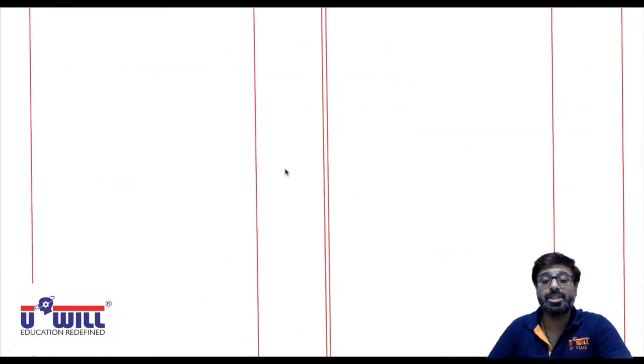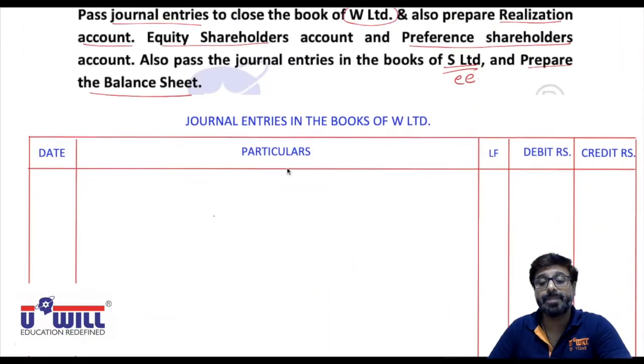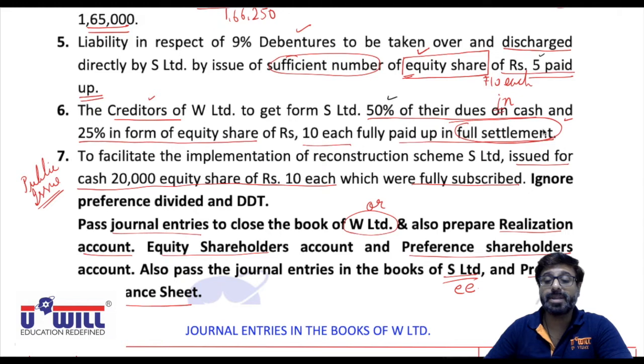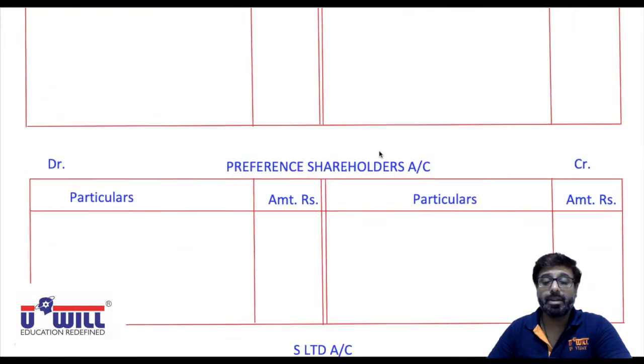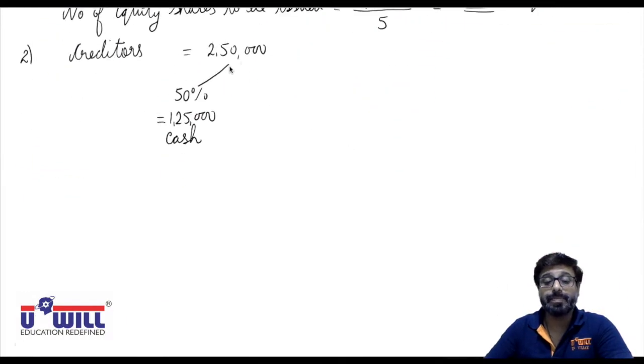Further, read the same adjustment. Sixth adjustment: and 25% in the form of equity shares of 10 each fully paid up in full settlement. What is 25% of 2,50,000?